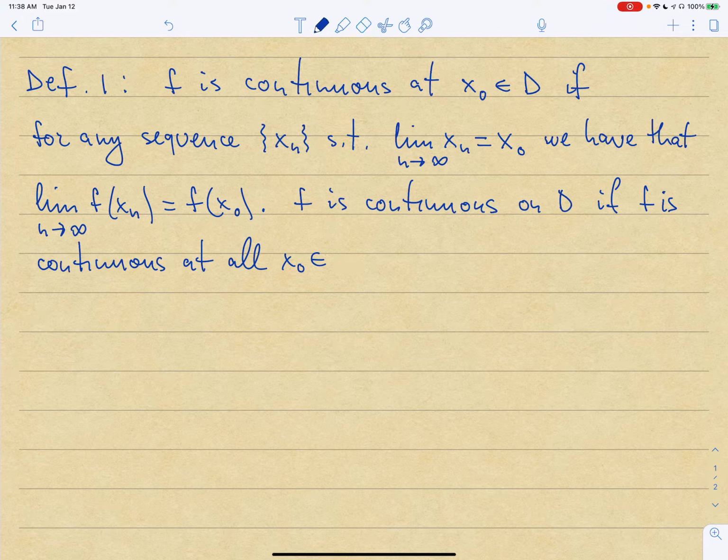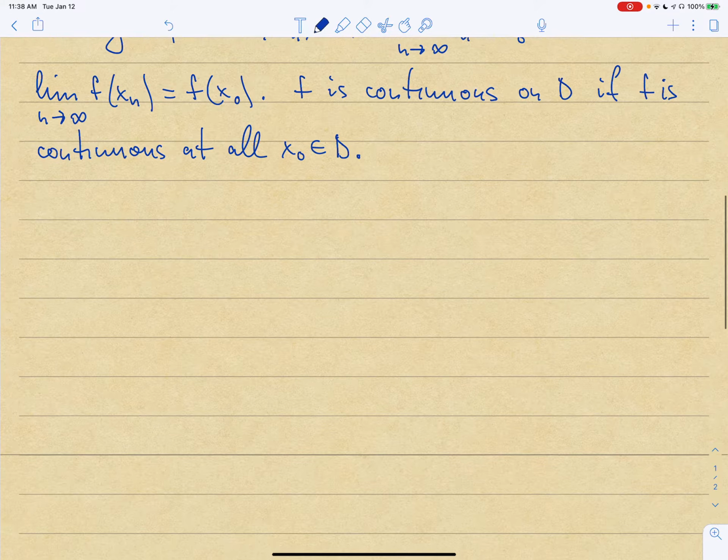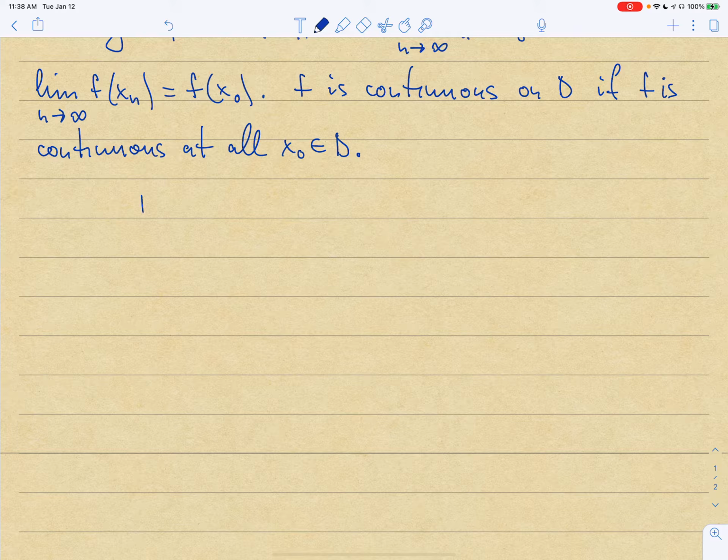Okay, now let's make sense of this definition. You see that already I used our notion of a sequence that we introduced in Advanced Calculus 1. So just a quick sketch. Let's say we have a point x0 somewhere, and I have a function that is represented by a continuous curve.